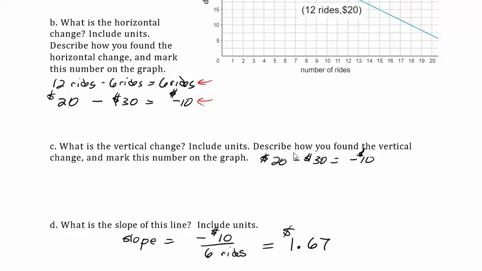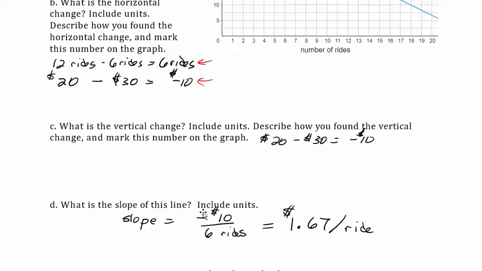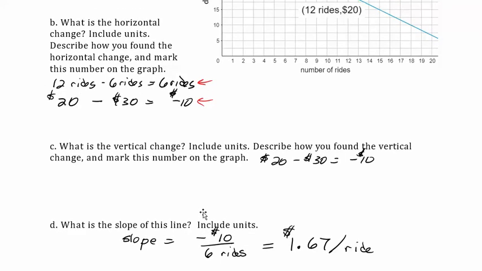So I'm going to call that $1.67 per ride. We had dollars in the top of the fraction, rides in the bottom. $1.67 per ride. Now, what is the slope telling us? It's literally telling us the cost per ride.